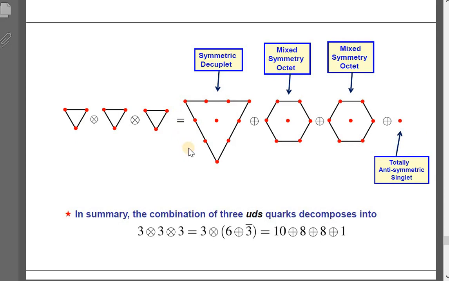Again, I'm not going to talk about the wave function part here. So just the first part, the multiplet structure, a qualitative understanding through the geometrical approach. And in summary, the combination of the three UDS quarks decomposes to this pattern, 10 plus 8 plus 8 plus 1.